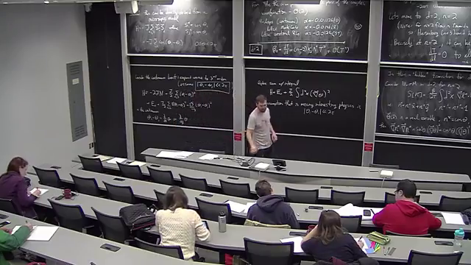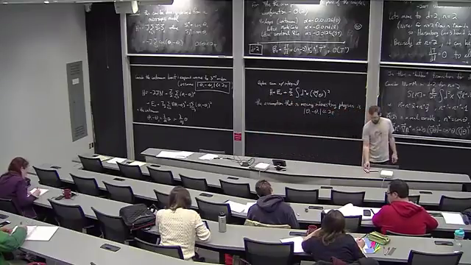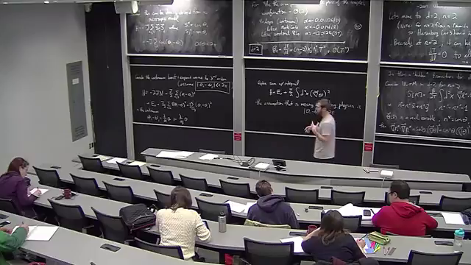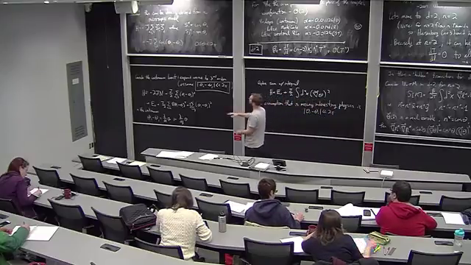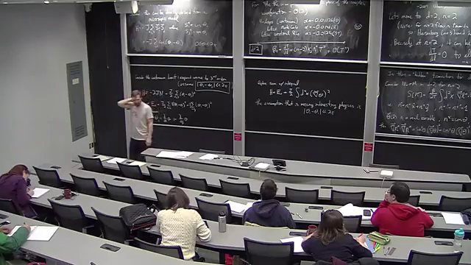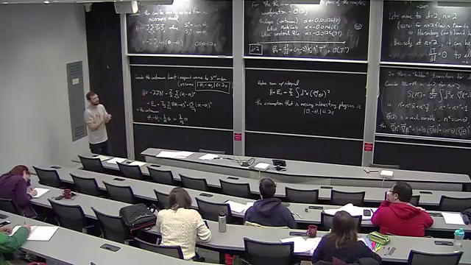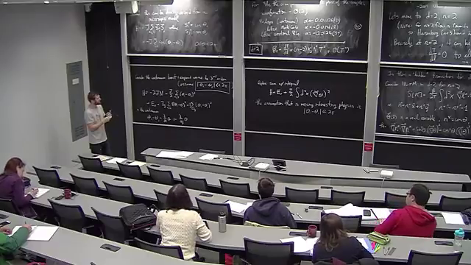Okay, so let's leave it at that for today. For the Kosterlitz-Thouless transition, you can basically just think in terms of the XY Hamiltonian. You don't need all this machinery of the nonlinear sigma model in principle.